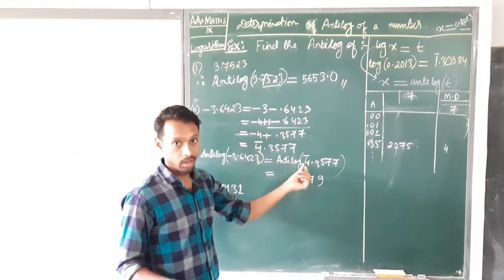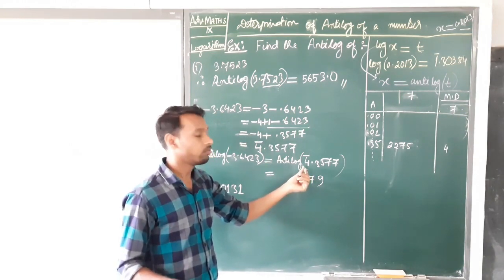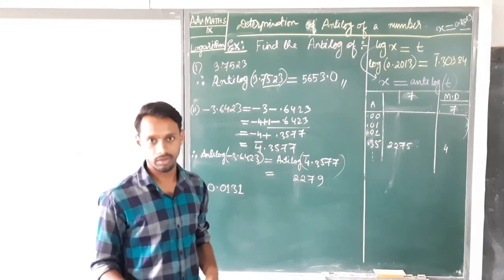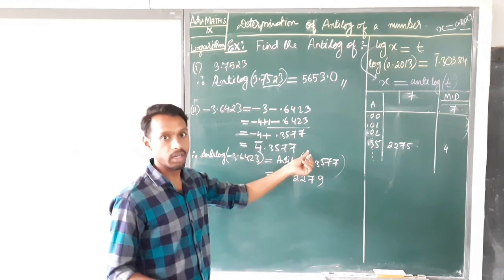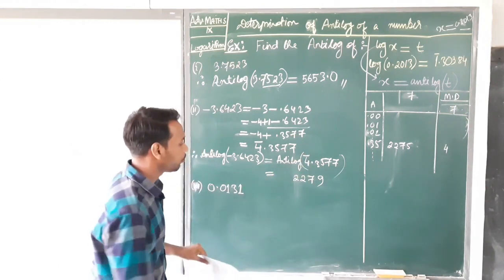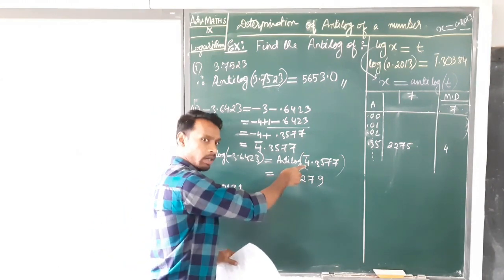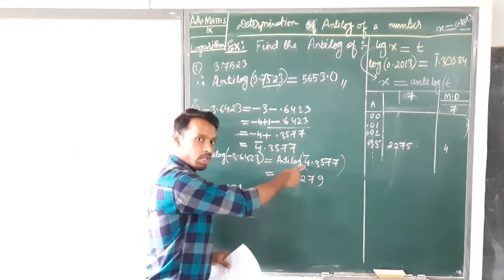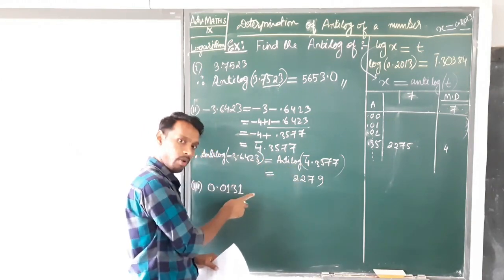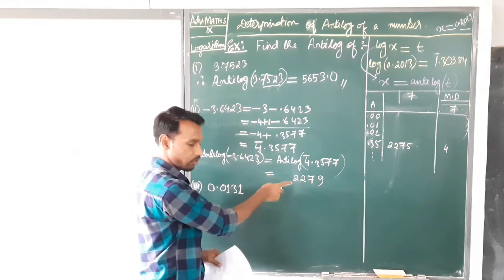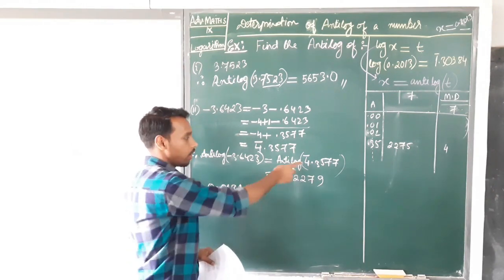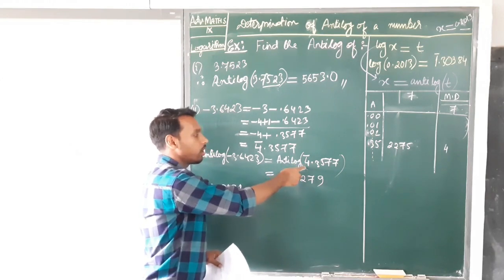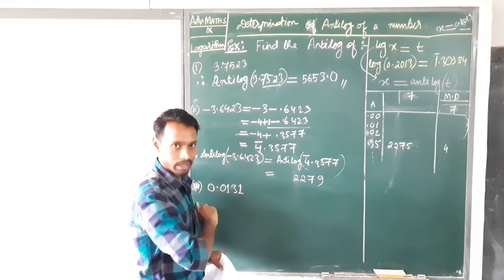We use it for putting the number of zeros, because it is 4 bar. Okay, it's a negative number. So what we do, if it is 4 bar, the number of zeros you have to put between the decimal point and the first non-zero digit is 1 less than this.